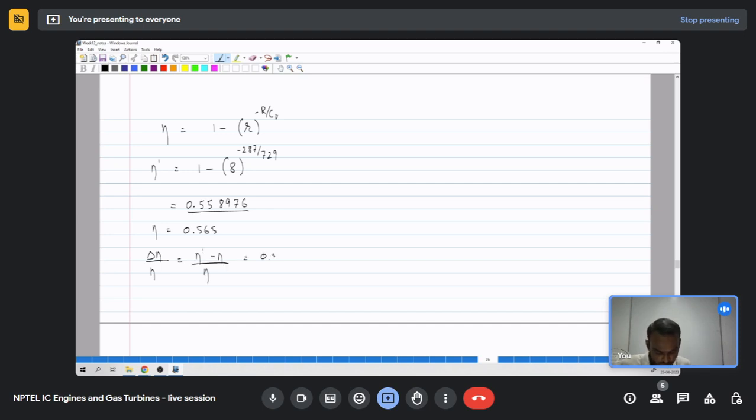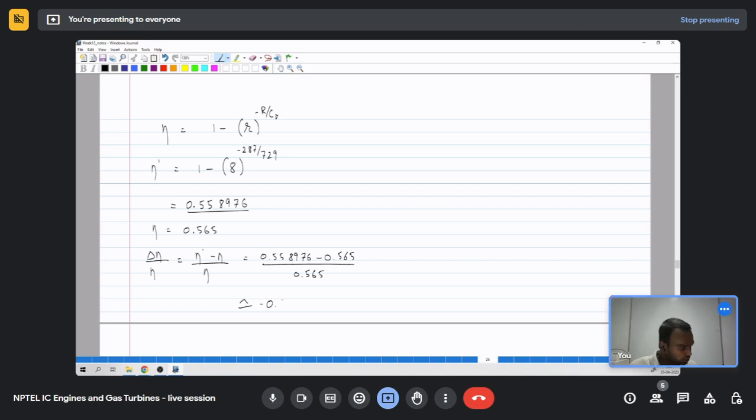So delta eta by eta is eta prime minus eta, by eta. So that is 0.558976 minus 0.565 divided by 0.565. Sir, it's the same, minus 0.010.